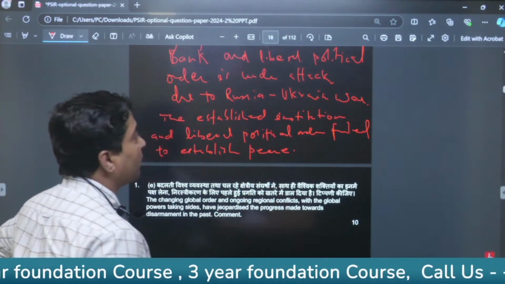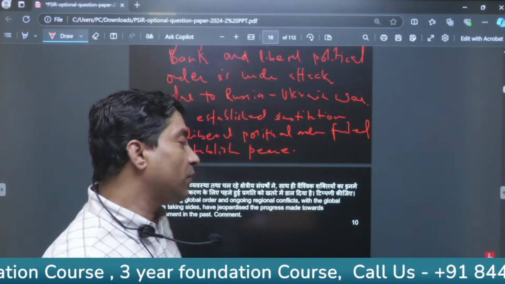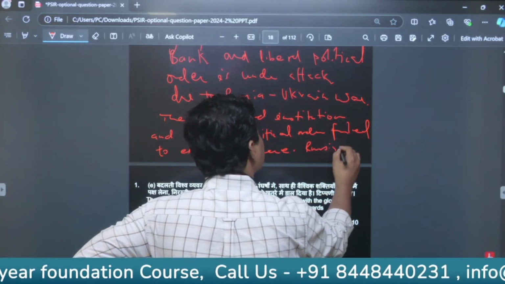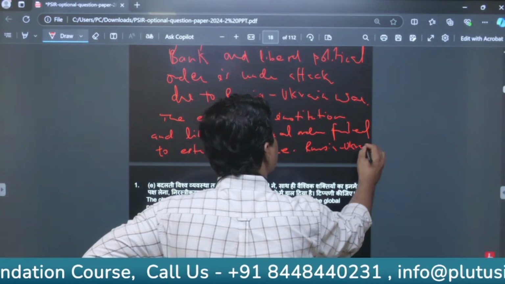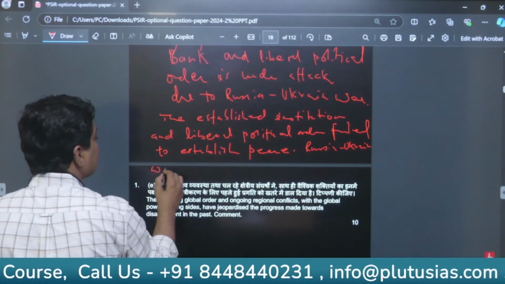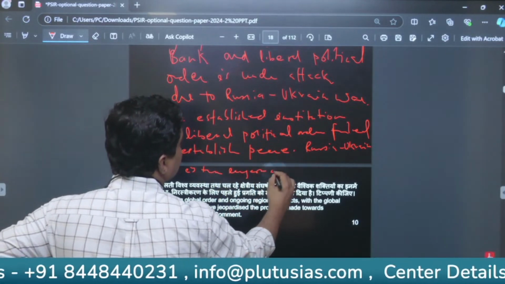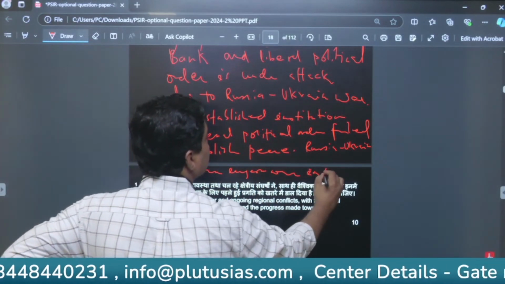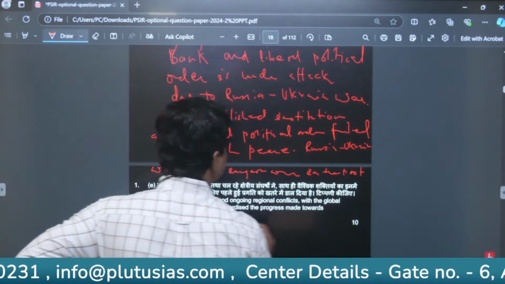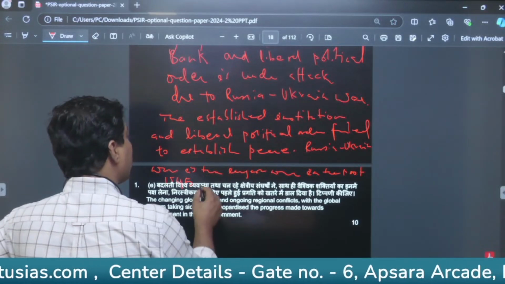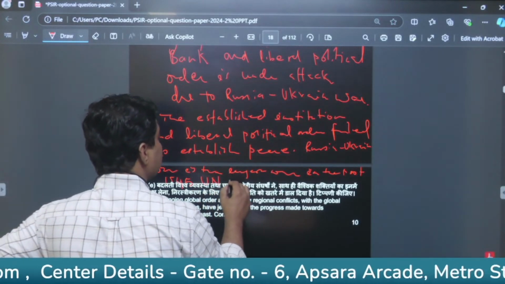The Russia-Ukraine war is the largest war in the post-1945 period. The UN is facing a credibility crisis.